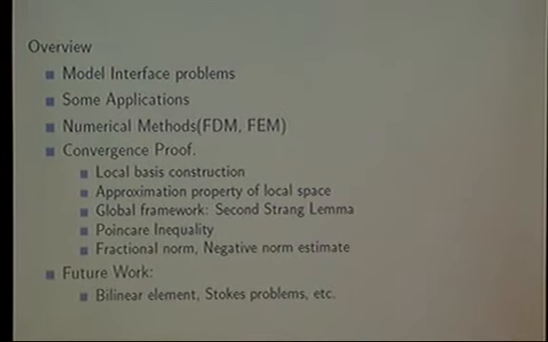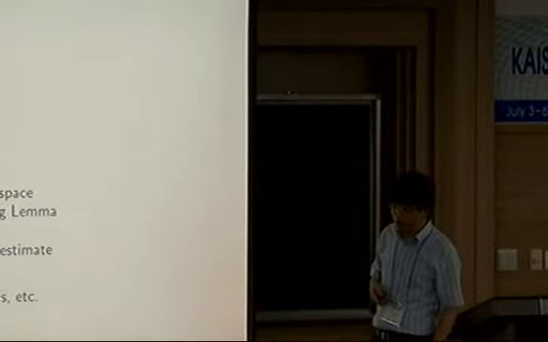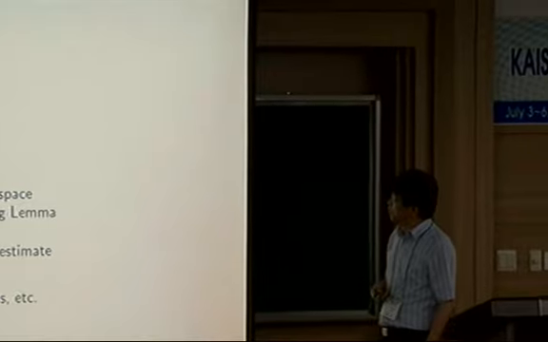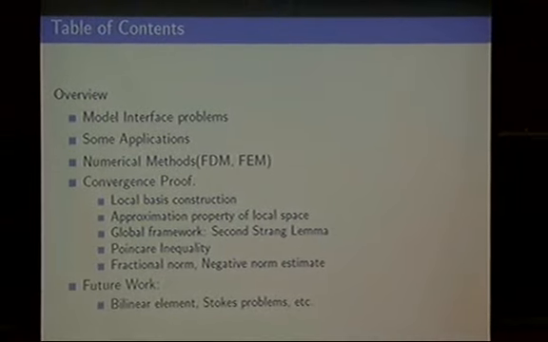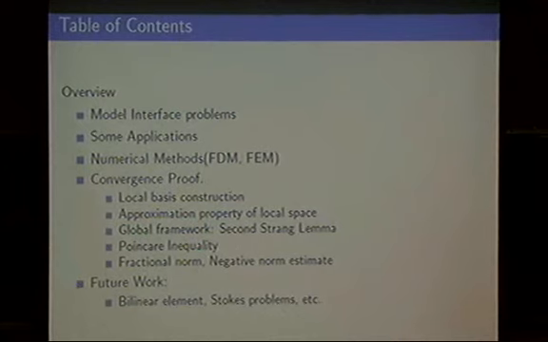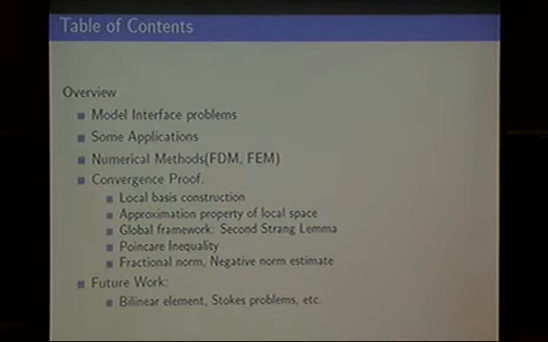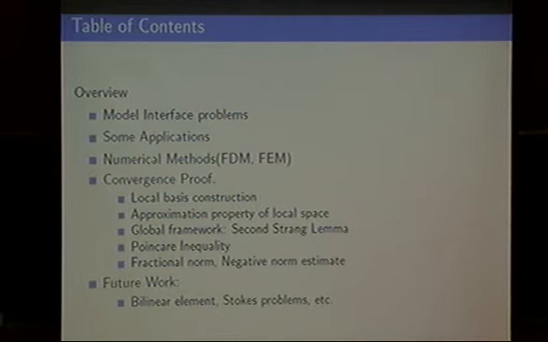Okay, this is the overview of my talk. First, I introduce the model problem, what is an interface problem, and then some of the applications, and introduce the numerical method. Basically, this is a finite element method, but it stems from some finite difference method too.